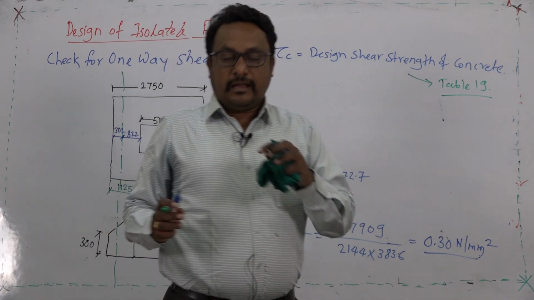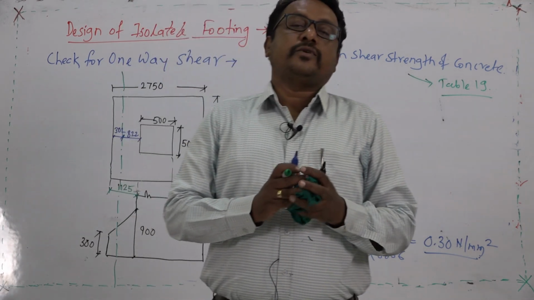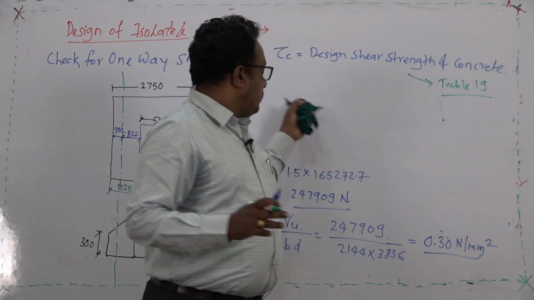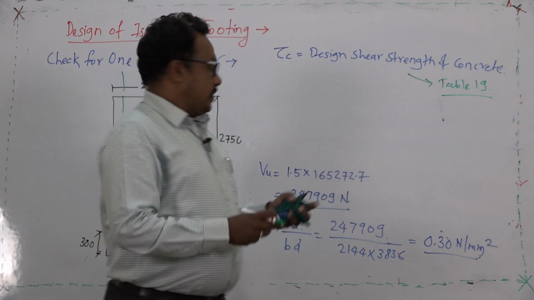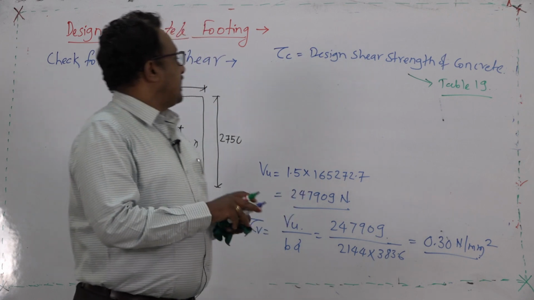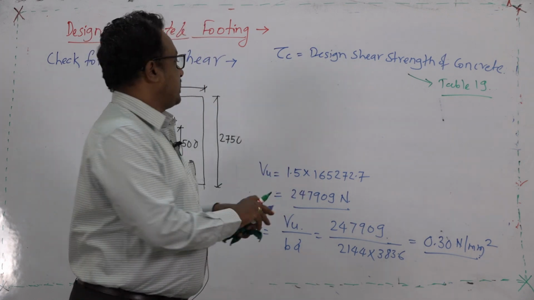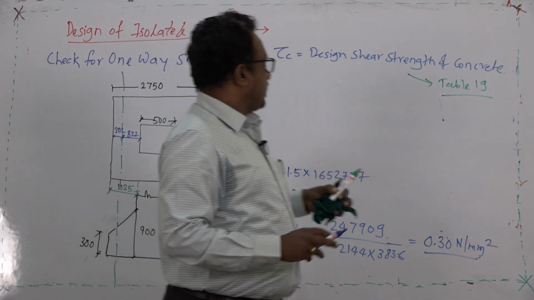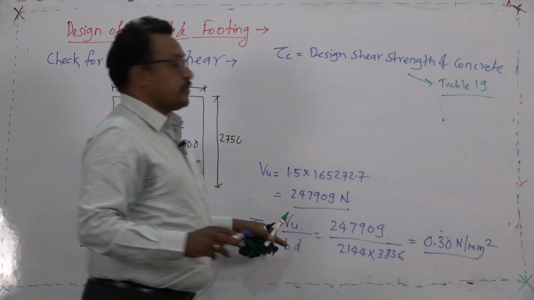If you refer to table number 19 in IS 456, the value of the shear strength of the concrete is governed by two parameters: the grade of concrete as well as the percentage of steel. So, on one axis the grade of concrete we have considered is M20, and the percentage of steel we are supposed to work out now.